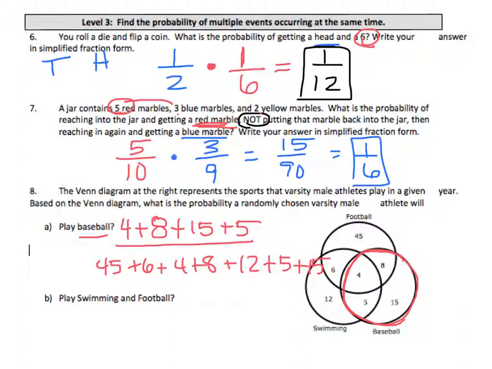I'm going to add all those together. So 4 plus 8 plus 15 plus 5 is going to be 32. The total is going to be 95, and I'm going to see if I can reduce it. And I can't. So that is my probability.